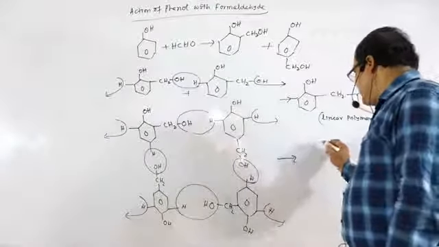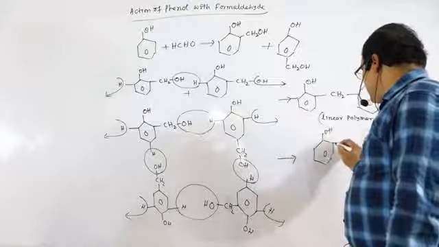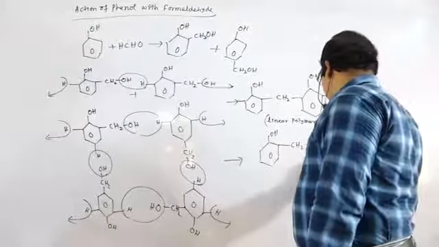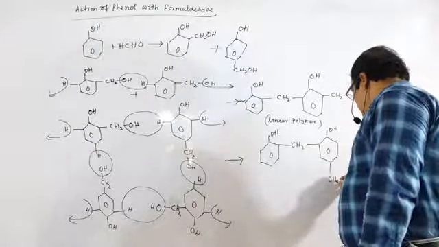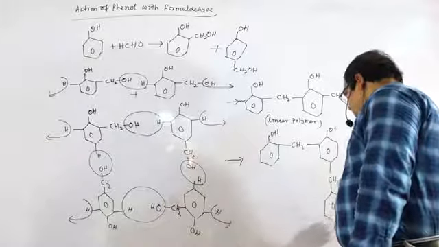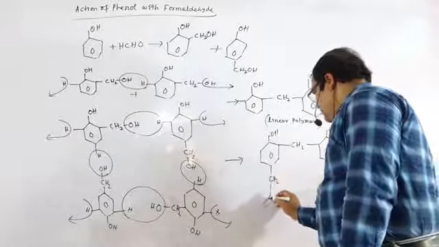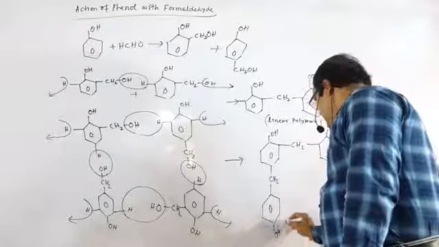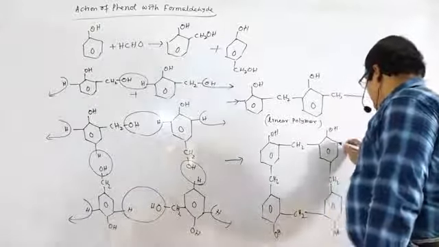There is the formation of this product: a benzene ring that is attached with OH, bond CH2, OH, then CH2, OH to this side, and these two benzene rings are linked through that CH2 group.